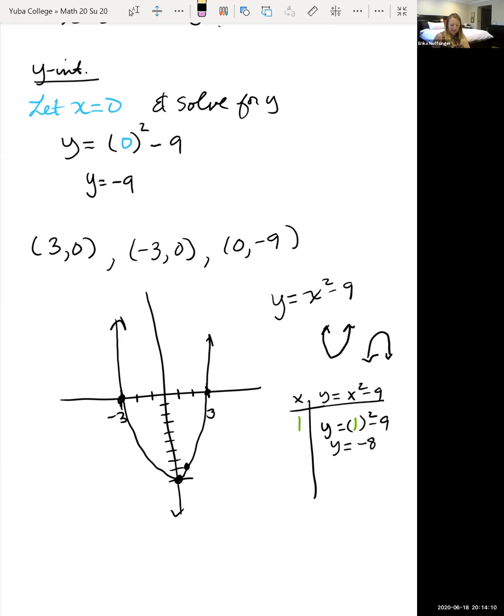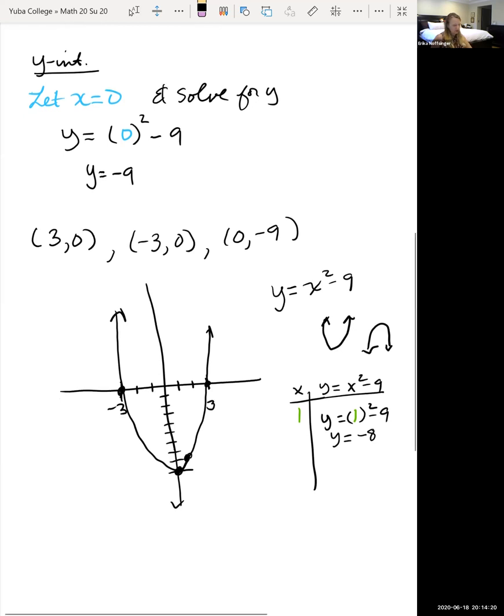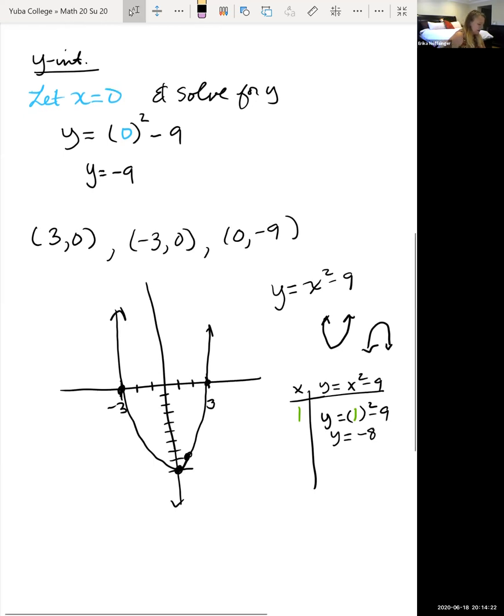So I could see that this is going to give me points in here, and that nothing's going to go down and dip below this. Notice that this is symmetrical.